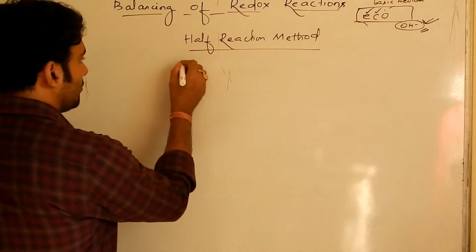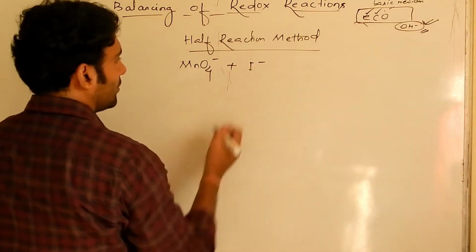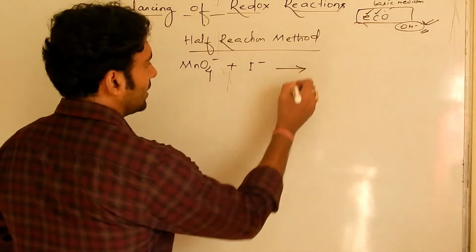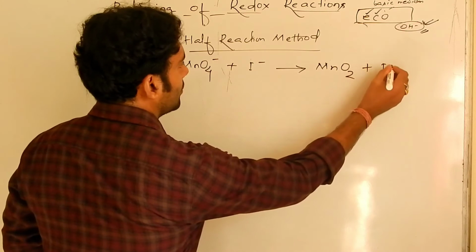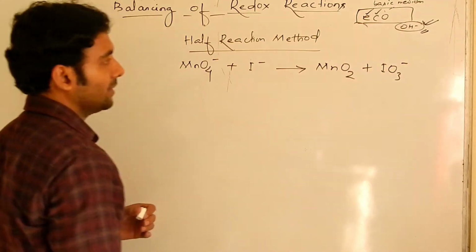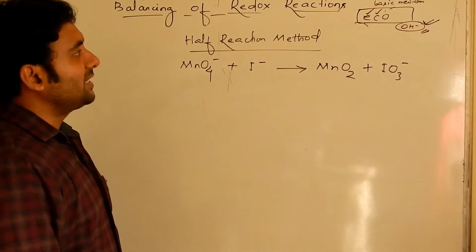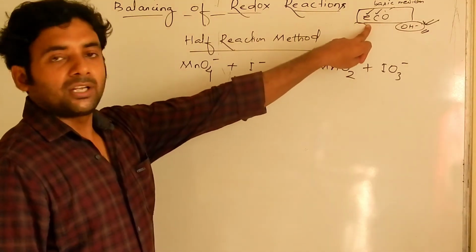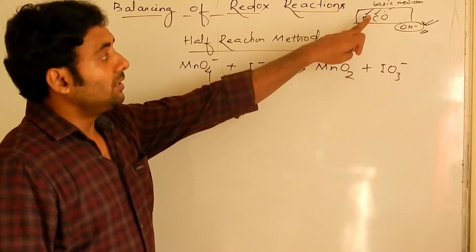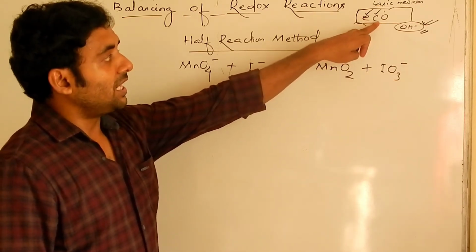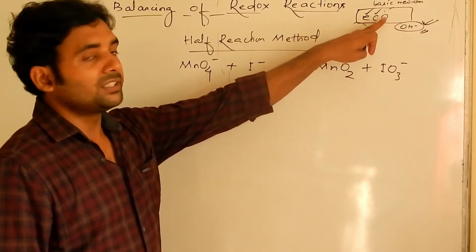The equation that we have discussed is permanganate ion plus iodide ion, I minus, gives MnO2 and iodate ion, IO3 minus. We have to balance in basic medium, and for basic medium this methodology will apply: first electron balance, then charge balance, then oxygen balance. Already we have discussed how to do these things.